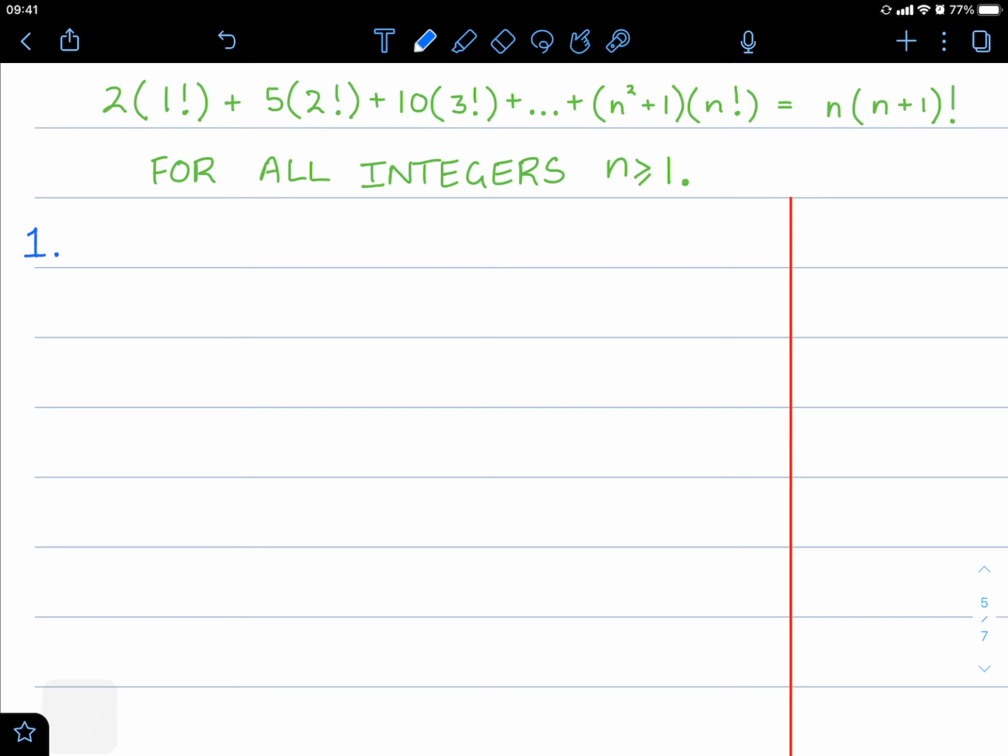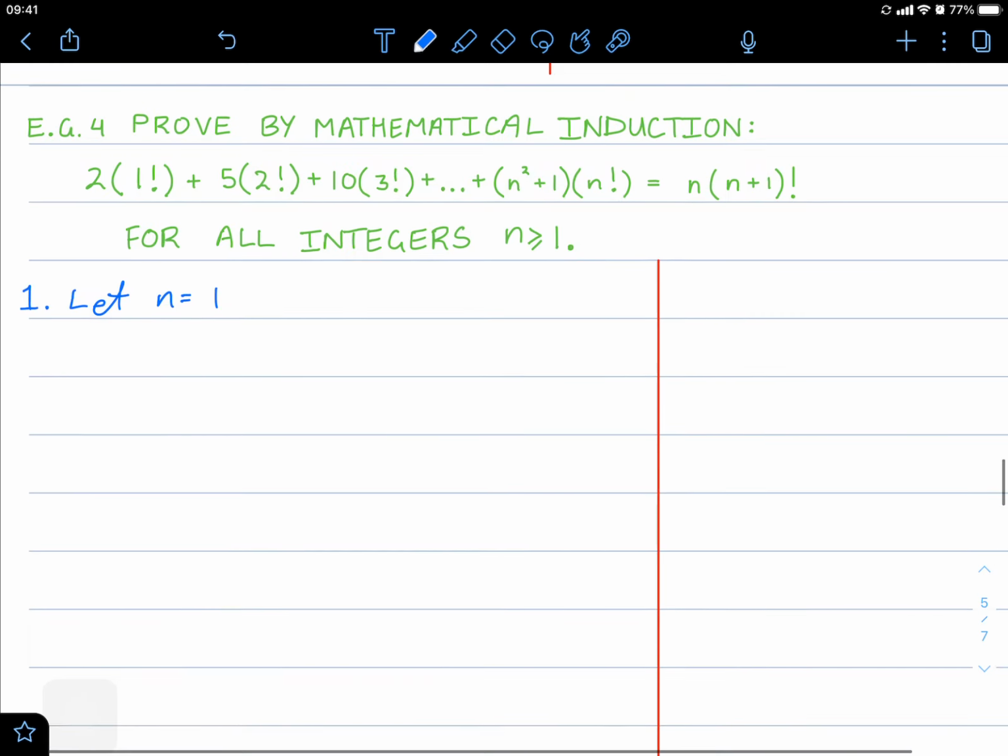As always, step 1, we let n equal the smallest value in the given domain. So for this one, it's going to become 1 squared plus 1 times 1 factorial is equal to 1 times 1 plus 1 factorial.